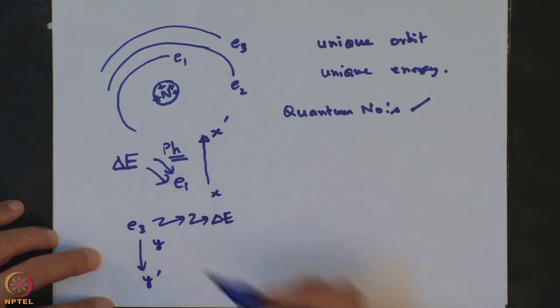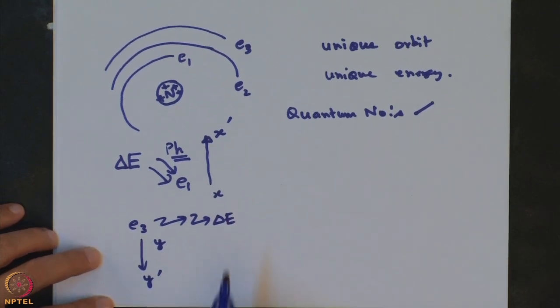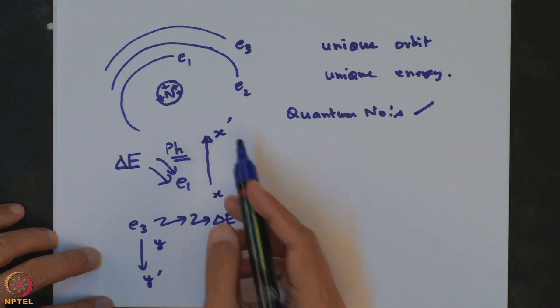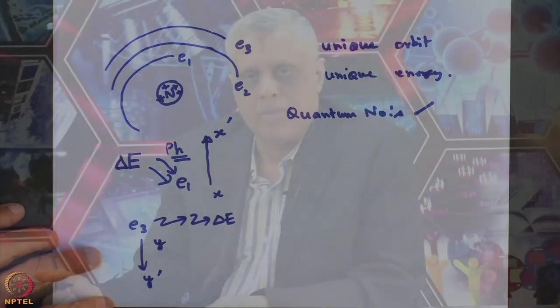Now, both these energy transitions we have seen, from lower to higher energy or from higher energy to lower energy. So, this is the concept that we get from Niels Bohr's atom, the model that he postulated.